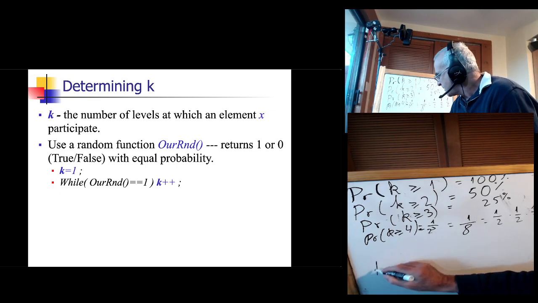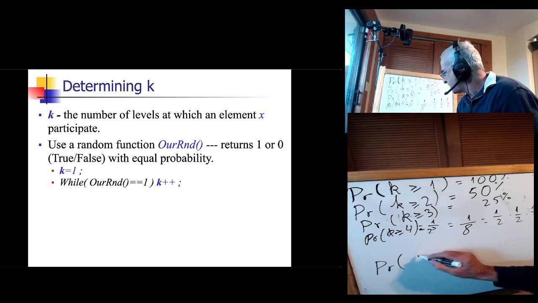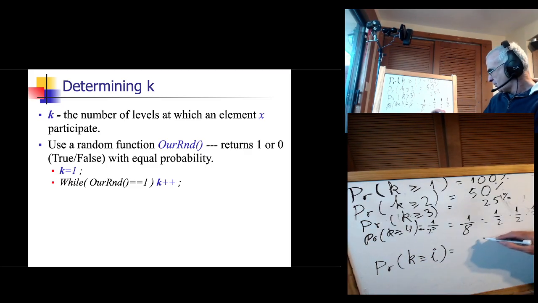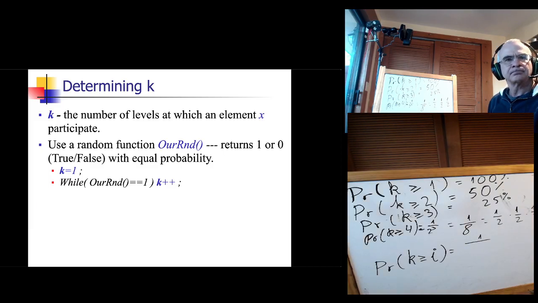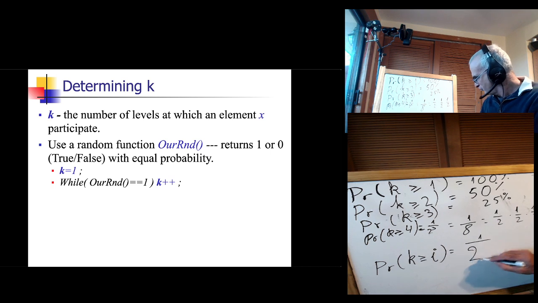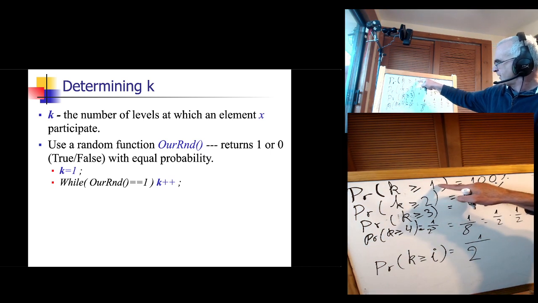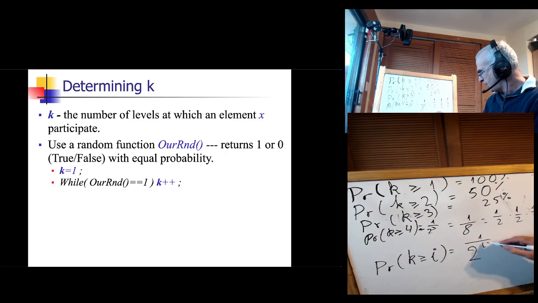And in general, the probability that k is larger or equal than i equals 1/2 to the power of, almost, because we start with k equal 1, i minus 1. Exactly.